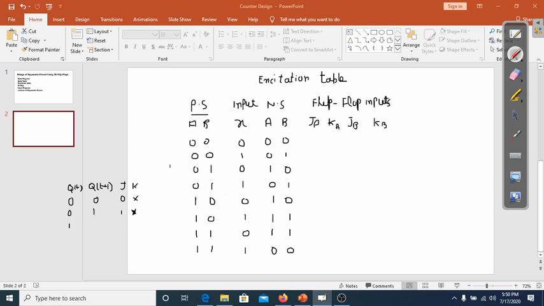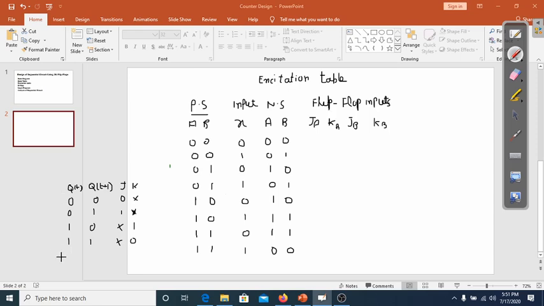For present state 1 and next state 0, K must be 1, and J could be 0 or 1, so I will use don't care for input J. For present state 1, next state 1, J could be 0 or 1, so I will use don't care, and K must be 0 in this case.